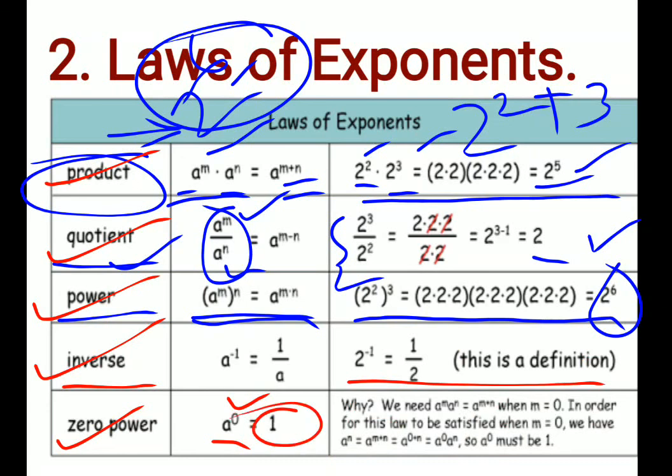Suppose you have 2 to the power 0, the answer is 1. 5 to the power 0, 1. 100 to the power 0, 1. Even if you have a crore, but the exponent is 0, the value is 1.